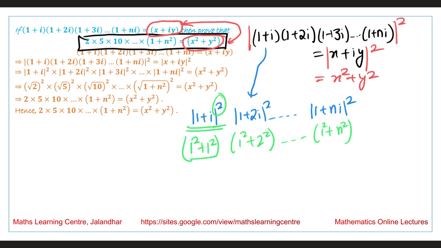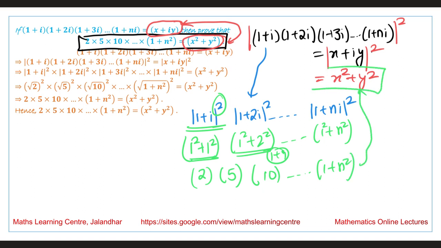So 1 square plus 1 square is 2, 2 square plus 1 square is 5, then next will be 1 plus 9, that is equal to 10, and so on up to 1 plus n square, and this is equal to x square plus y square. This is what we have to prove.